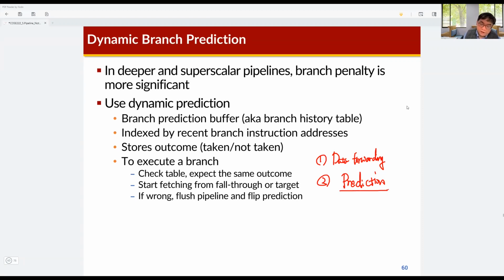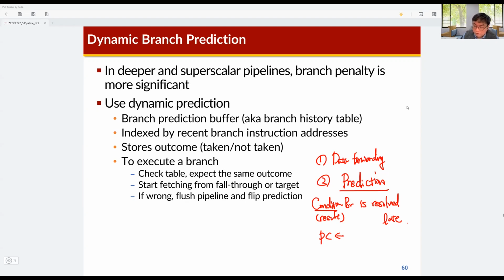When I explained the control hazard, I explained that the issue is that the result of the branch is resolved late. If the condition of a branch is true, that means the result of the branch is resolved, then we need to update the PC with the target address of the branch instruction.